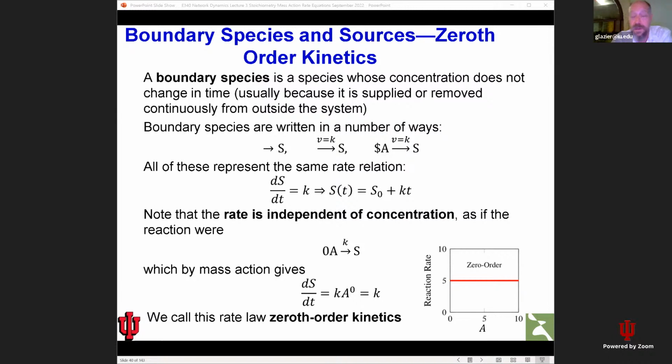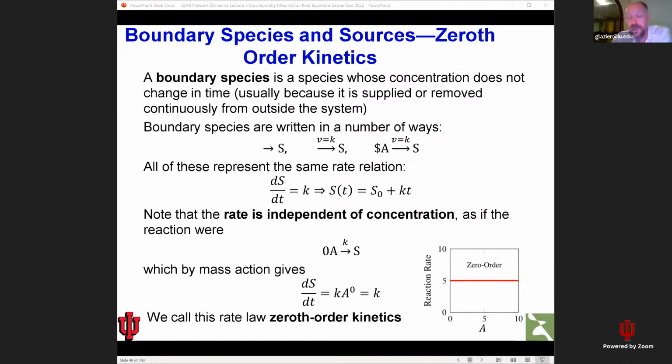And so if I have nothing goes to S, I don't have any way of having my rate change because there isn't anything on the left-hand side of the arrow that I can use to modulate that rate. And so typically, if I have nothing going to S, that's equivalent to assuming there's a constant rate of source for S. And that's called zeroth-order kinetics. The order is the power that appears in the rate law. And S, the concentration of S to the 0 is a constant.